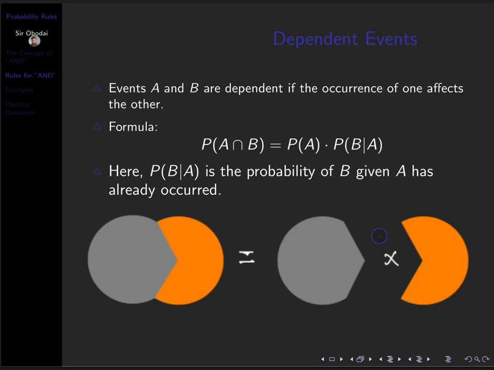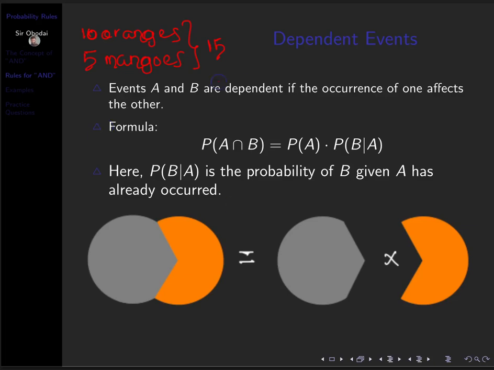So we have a basket full of 10 oranges and then 5 mangoes. This gives us a total of 15. Now you are picking a fruit from the basket without returning it back.